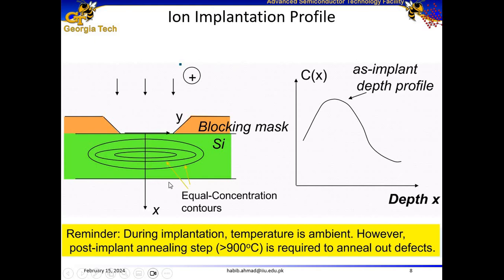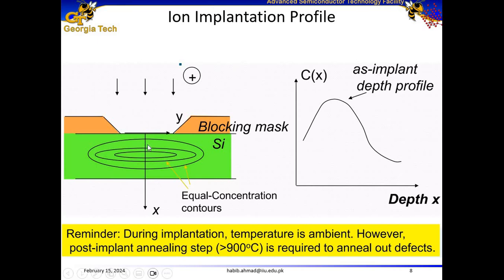The higher the energy of these ions, the more they travel inside the silicon substrate. So initially they have energies in hundreds of kilo electron volts, and once they strike the surface of this silicon substrate, they keep losing energy.